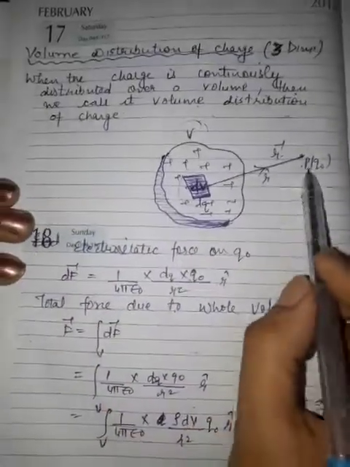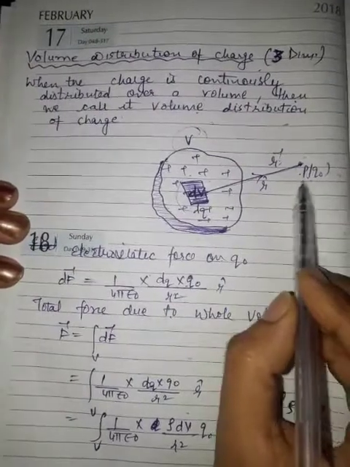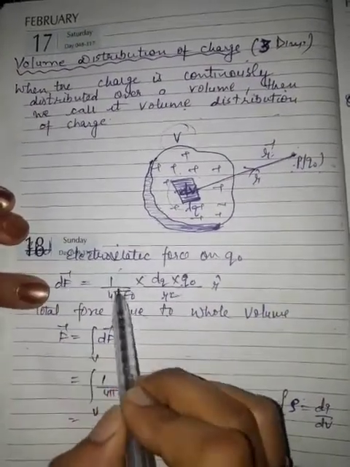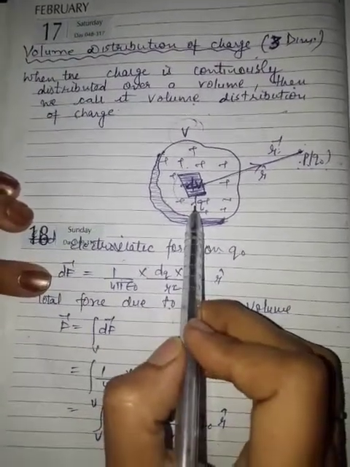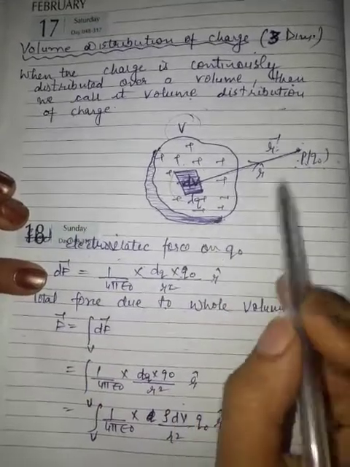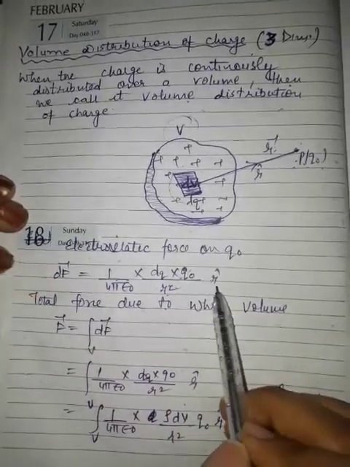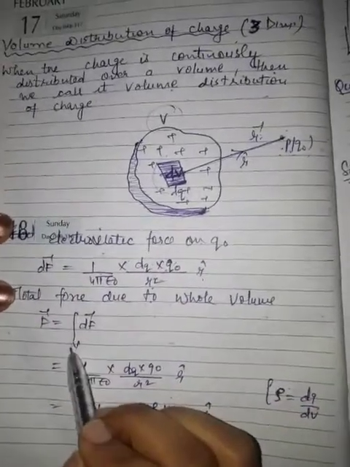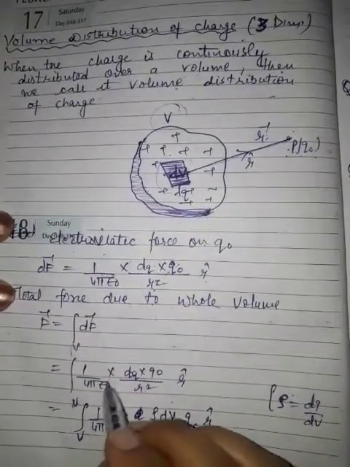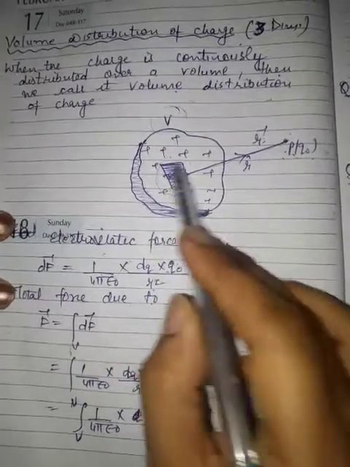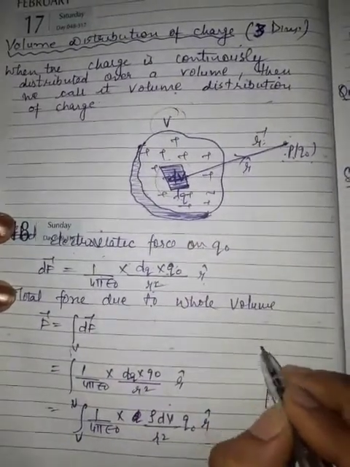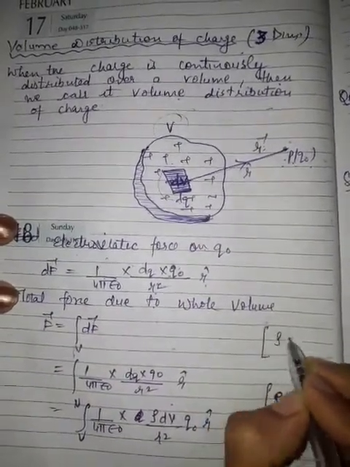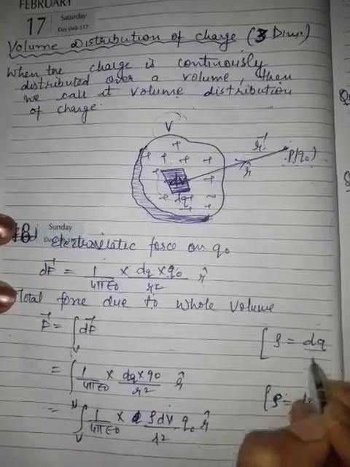Now the electrostatic force on q naught at point P: dF vector = 1 by 4 pi epsilon naught, dq into q naught upon r square into r cap. Now for the total volume, you will do the volume integral of this. As the charge is distributed over a volume, we will find the volume charge density, that is rho = dq by dV.